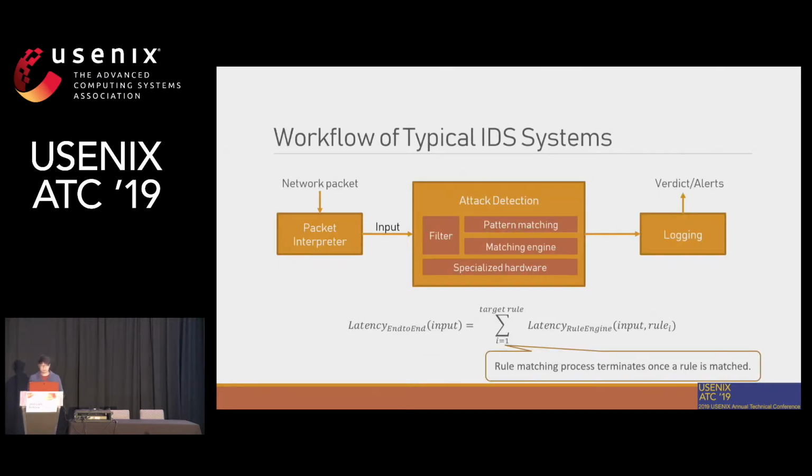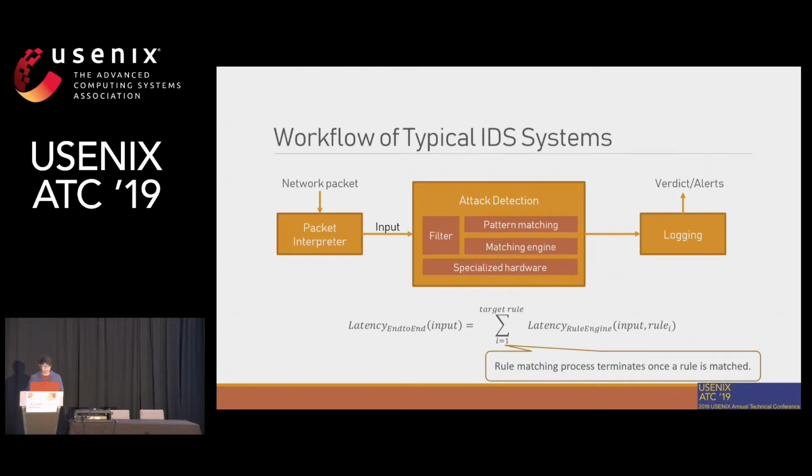After introducing the rules, let's talk about the workflow of typical IDS systems. There are three main components in the system: the packet interpreter for parsing the incoming network packet and splitting it into fields, the attack detection for processing rules, and the logging for recording the result. Of course, the attack detection is the most important and expensive of these three parts.